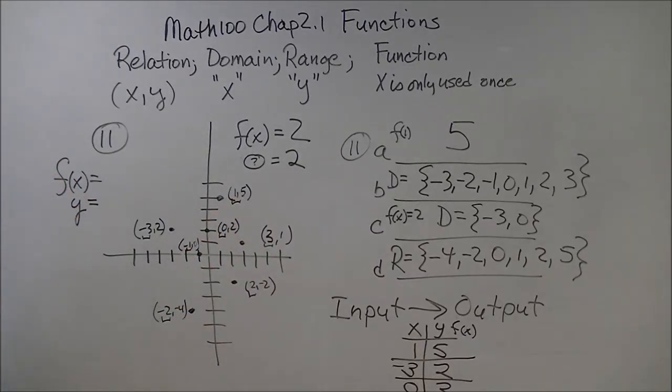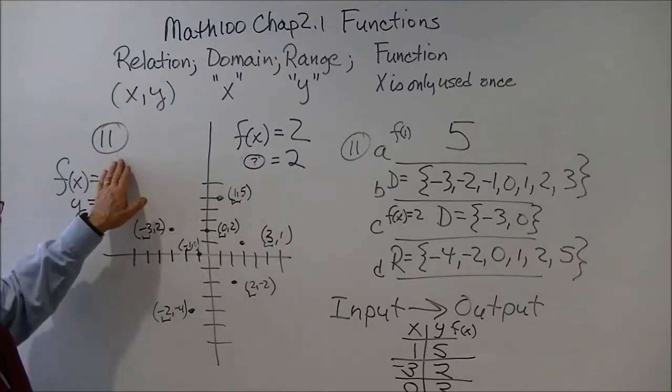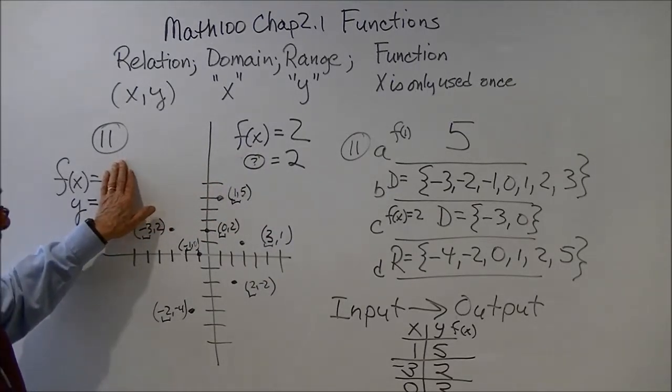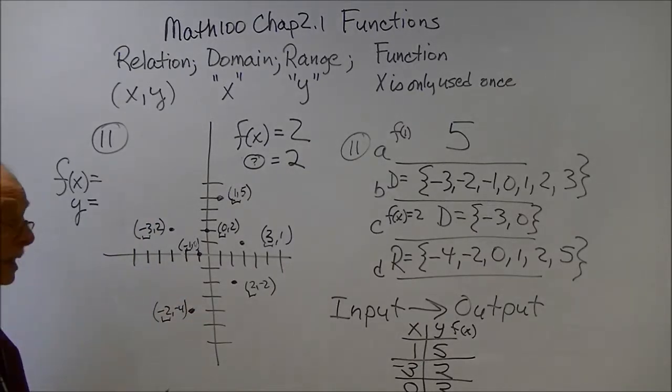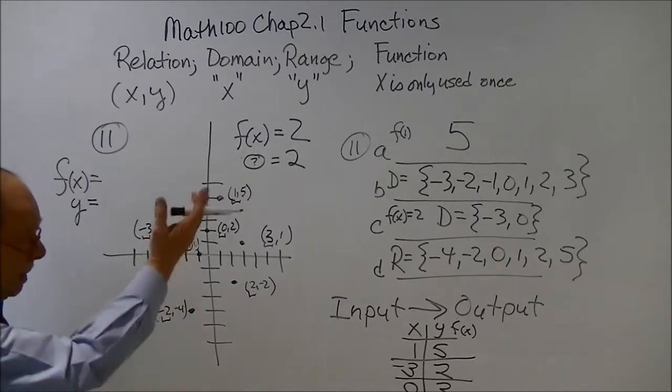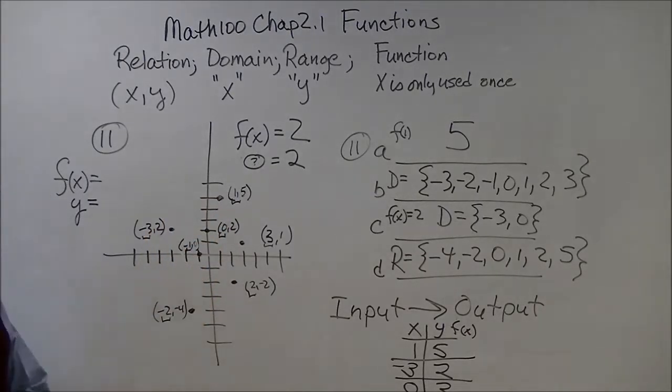Now notice, if they're repeated, you only write it once. So lots of stuff going on in just this one example. And again, if you want to back up the tape, try it, see if you can come up with the answers. Those are the answers.